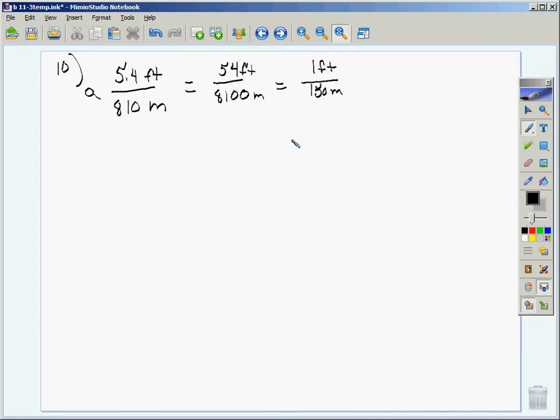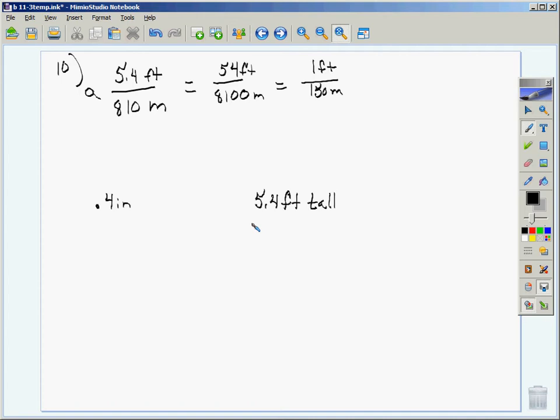In part B, it says if the model is made out of tiny bricks, each measuring 4/10 of an inch in height, how many bricks tall is the model? Well, it said it was 5.4 feet tall.